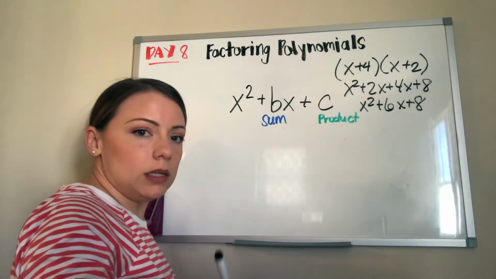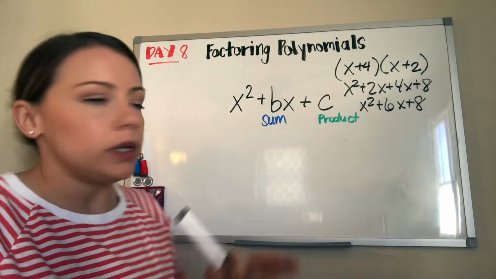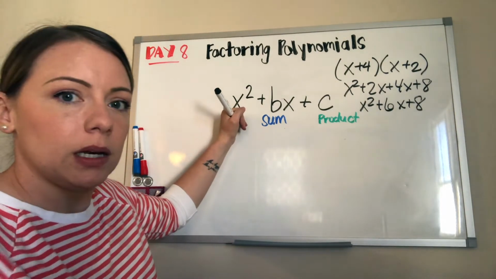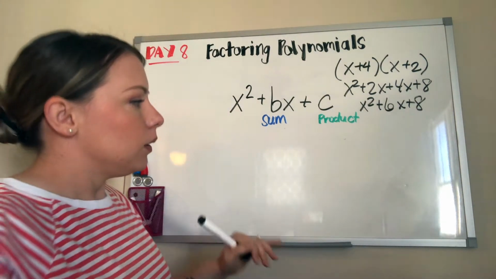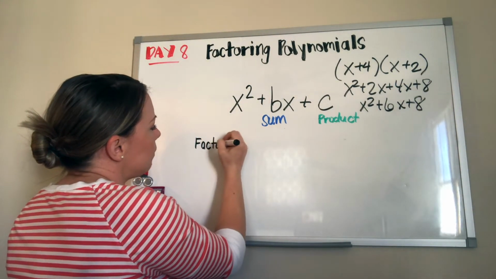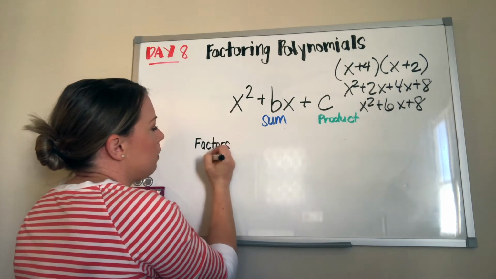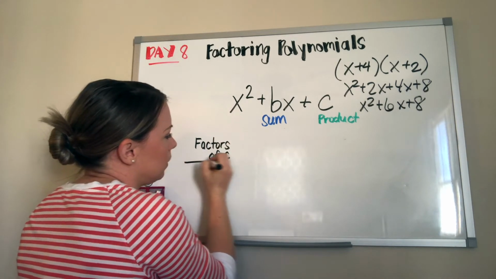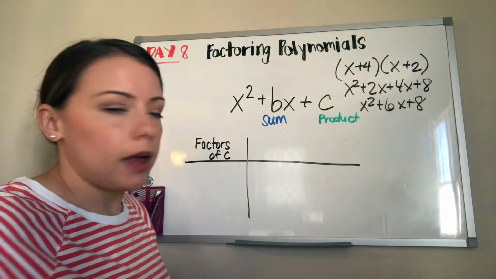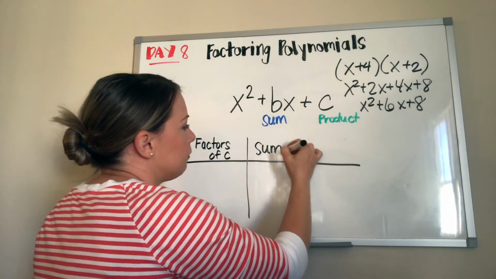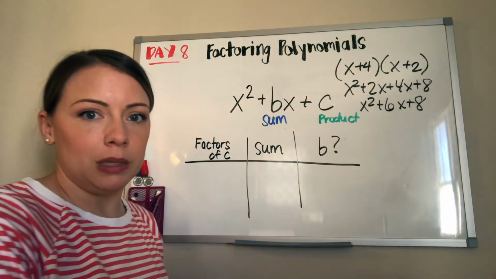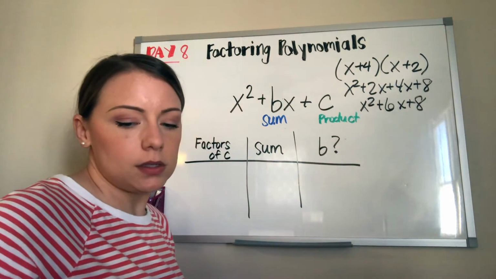All right, now this chart is only going to work for when I don't have an a here, meaning I don't have a coefficient in front of x squared. So we want to figure out all of the factors of C, and then we're going to add them together. So we're going to create a sum of the factors and ask ourselves, is that what our value of B is? All right, so let's give this a shot.